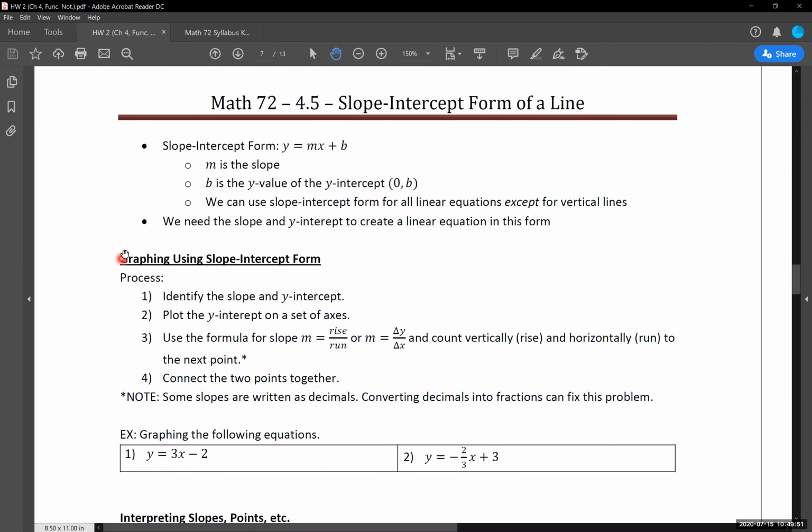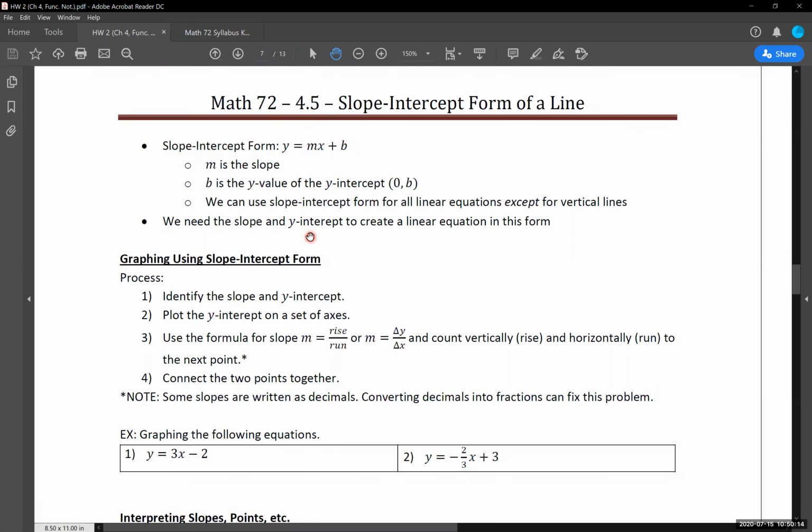Okay. So some generalities with this: we need the slope and we need the y-intercept to create a linear equation in this form. Now, need is a particularly strong word to use with the y-intercept. We can technically write out and find an equation of this thing without needing the y-intercept.